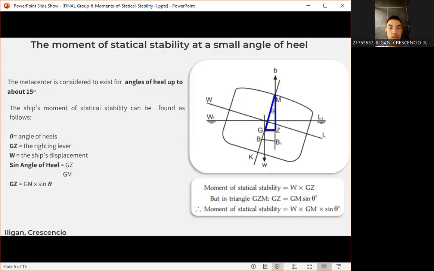Theta is equal to the angle of heel, GZ is the righting lever, W is the ship's displacement, and the sine angle of heel is GZ over GM. To find GZ, we need to multiply GM times sine theta, or the sine angle of heel. So let's proceed to our example problem.